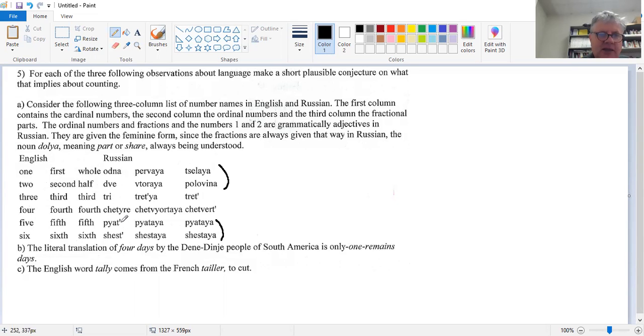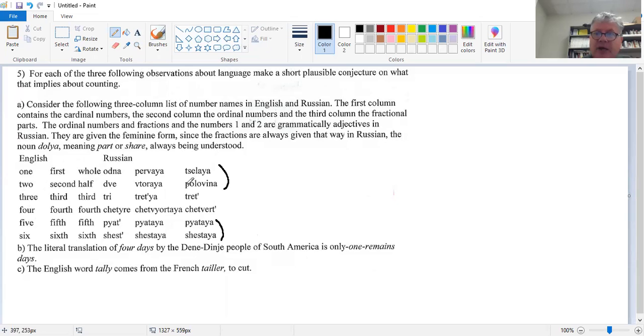And the same thing happens in Russian. We've got the Russian word for 5 and 6, and they go into the ordinal numbers and the fractional parts. And then we see that 3 and 4 are mainly regular, but they're not quite as regular as 5 and 6.